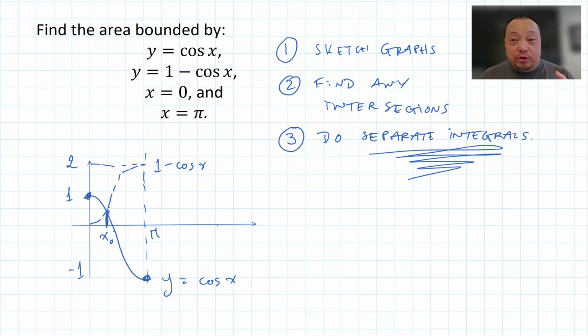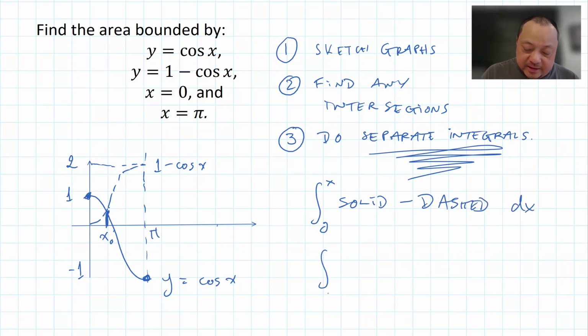And then from x naught to pi, the second part, where the larger function is the dashed line, you have to be the dashed minus solid. So I know ahead of time that I will need integral from 0 to x naught of solid minus dashed, and a separate one from x naught to pi of dashed minus solid.